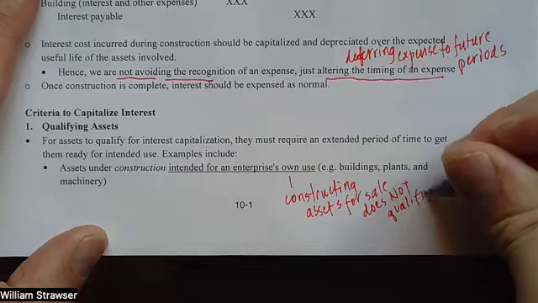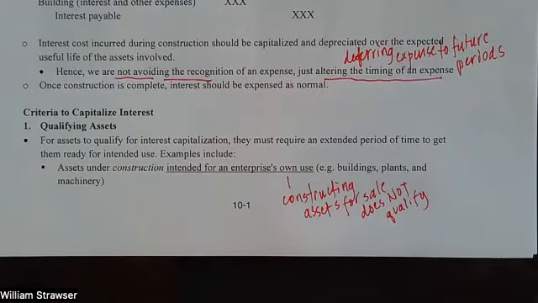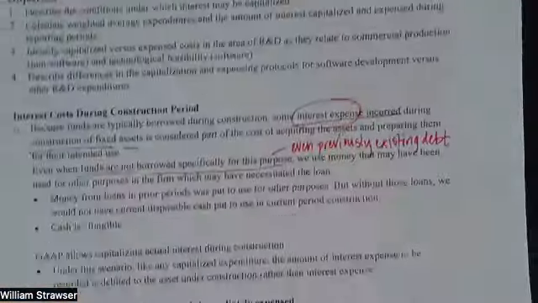It has to be for our own use. It has to be a discrete project, which means that it's not something that we're going to finish within a week. That's not really a construction project. And it has to be something that we undertake, not under a regular course of business.